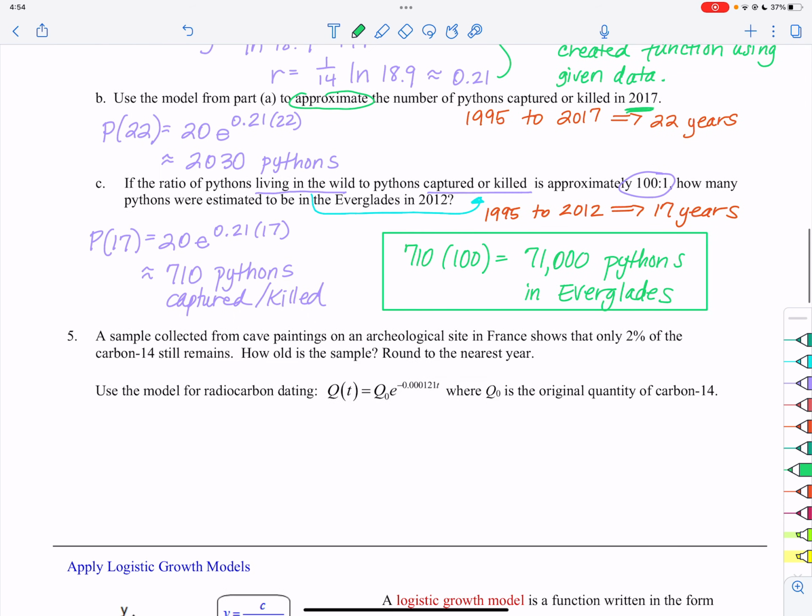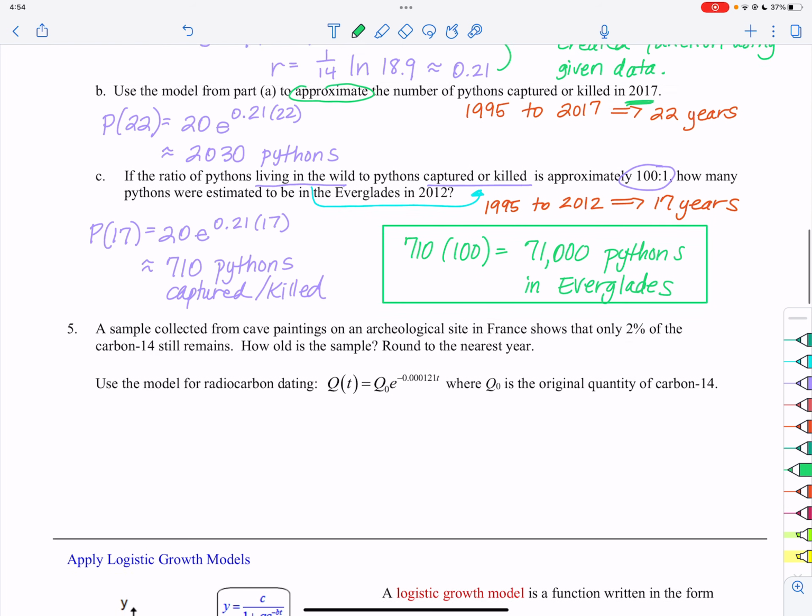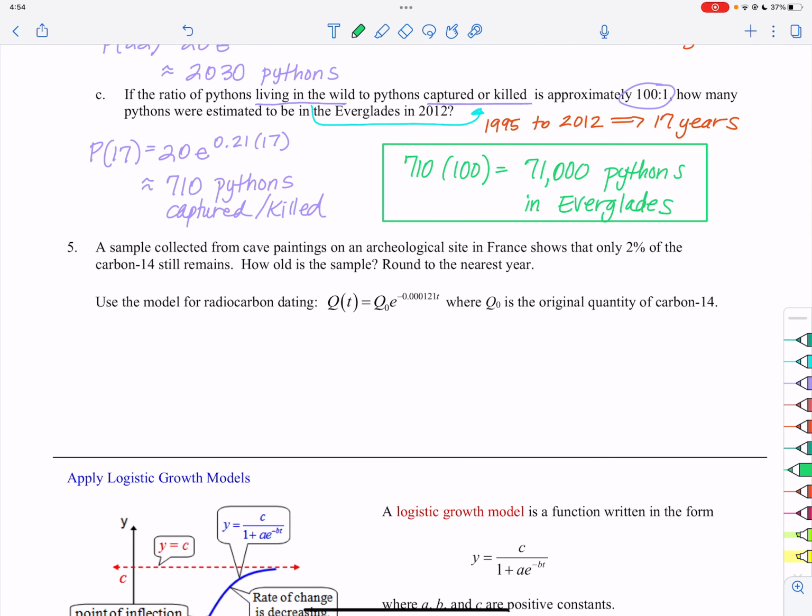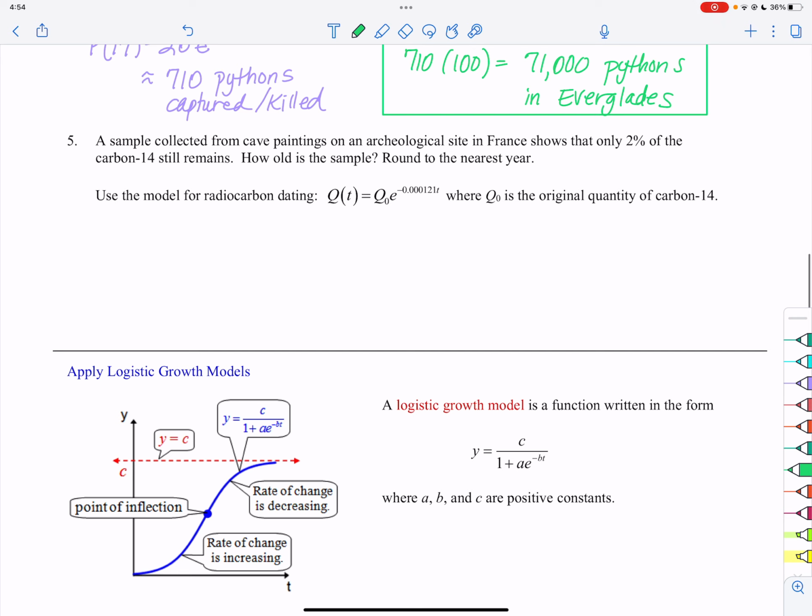Okay. In number 5, you can see a sample collected from cave paintings on an archaeological site in France shows that only 2% of the carbon-14 still remains. And now we want to know how old the sample is. So here is the model that we are given.